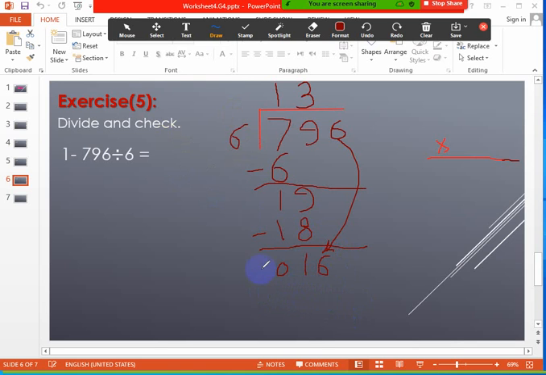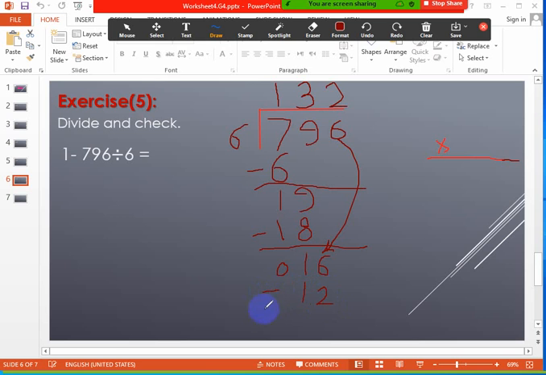Less than 3, it's 2, right? Because if you multiply 2 by 6, the answer will be what? 12.